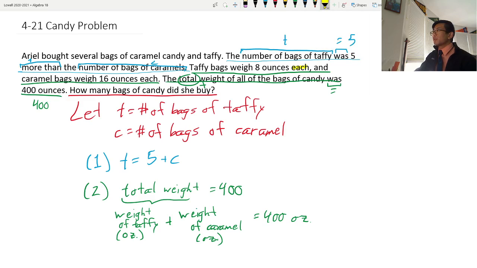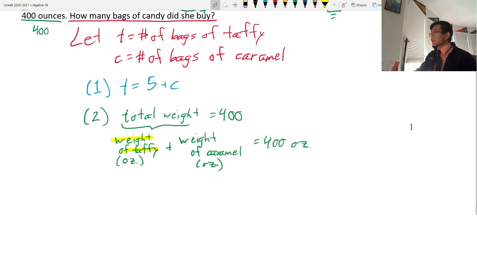So we have to relate the total taffy to how much each bag weighs. Well, if each bag weighs 8 ounces, then the thing we would also need to know is how many bags of taffy there are. And once we have both of those pieces of information, we would just multiply them together, right?